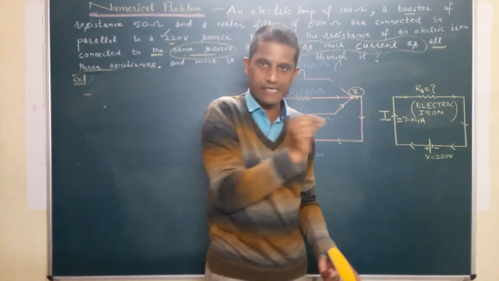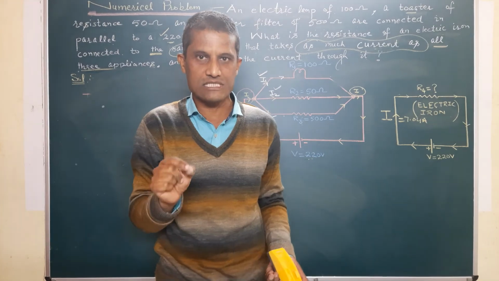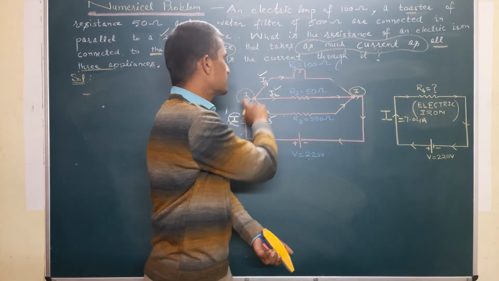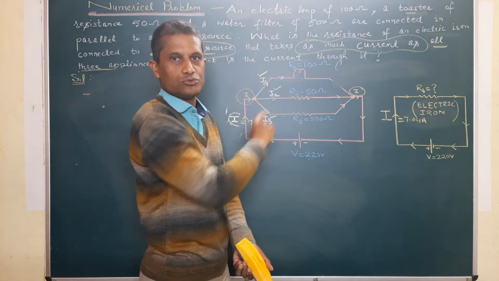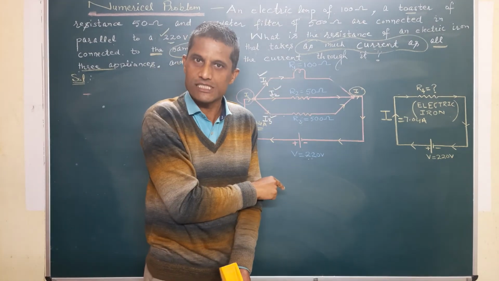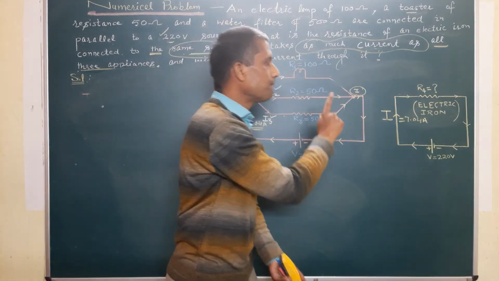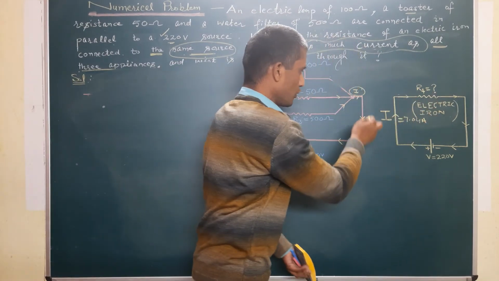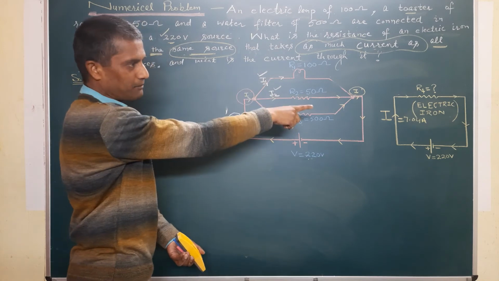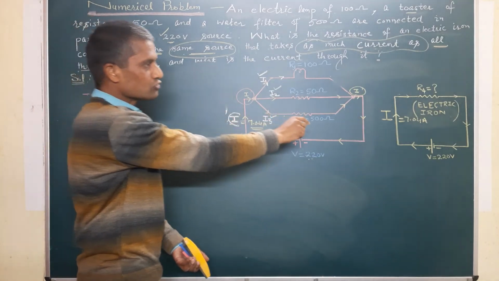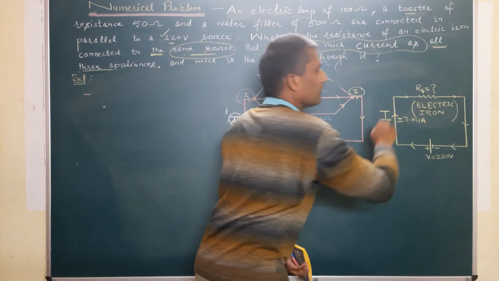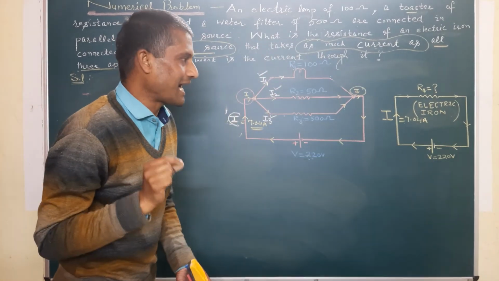So according to the given statement, the total current I, which has collectively gone through the combination of these three resistors, will flow through this electric iron. So I is equal to 7.04 ampere, which means 7.04 ampere current will flow through the electric iron.